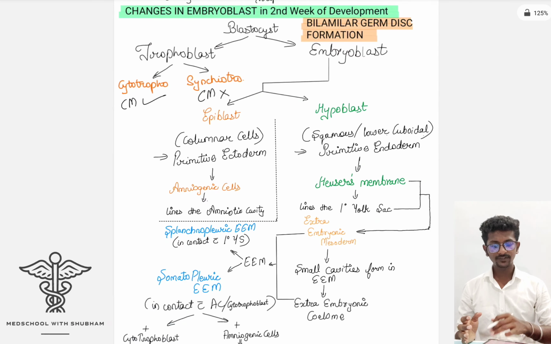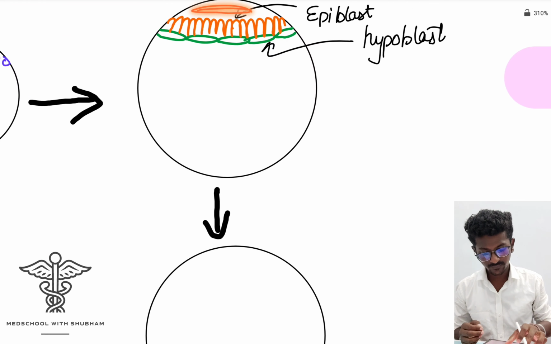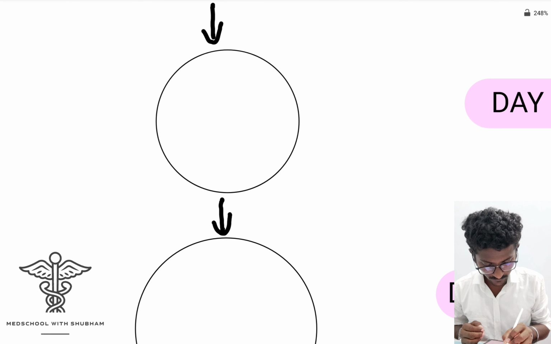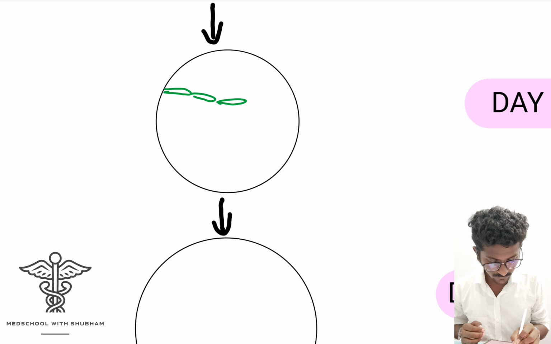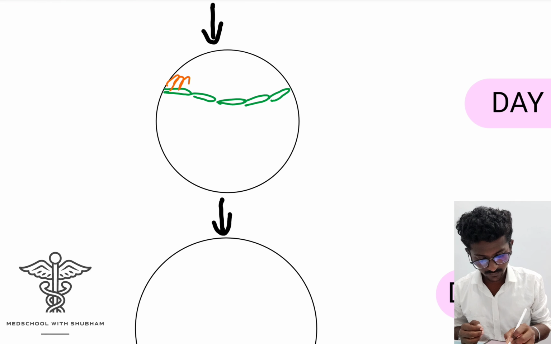Now the epiblast will start proliferating, and it will cover this upper cavity. Let me show you how this will happen. This was the hypoblast, and this is the epiblast.